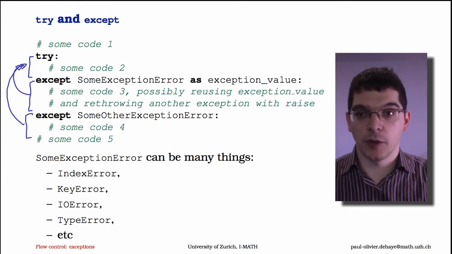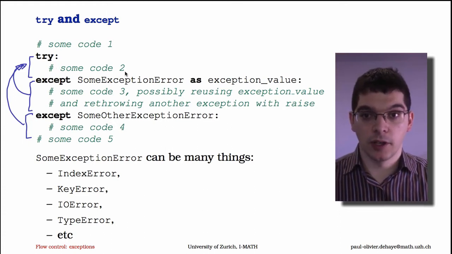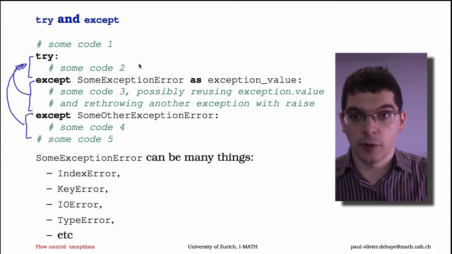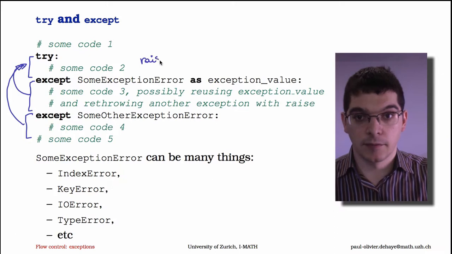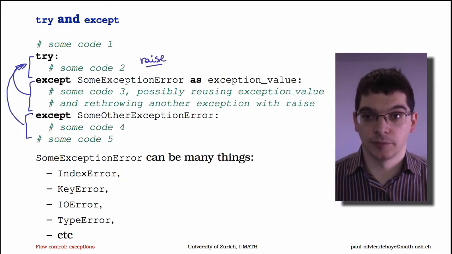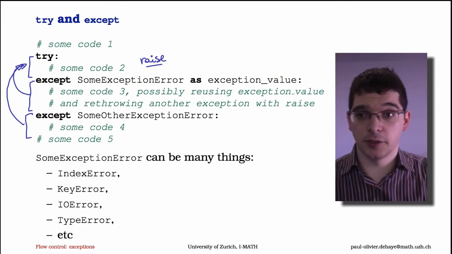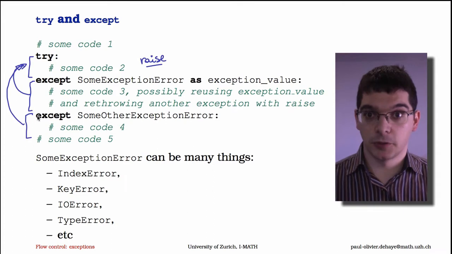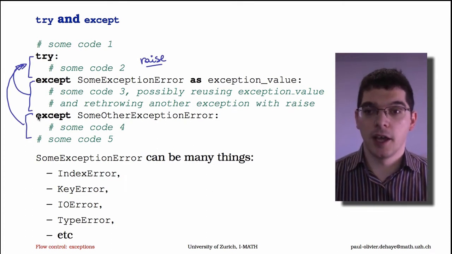But then at some point, some exception might be thrown in some code 2. And the way you throw an exception is with raise. So we'll see this in the examples, but raise throws an exception. So once this exception is raised, then we're looking for a matching block, a block that will tell us how to catch the exception. And there are different options, so different types of errors.